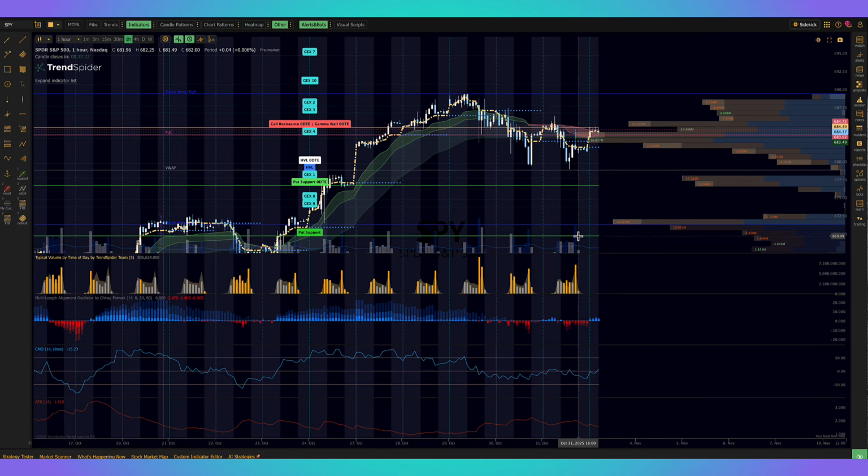And the deeper put wall is 670. We still have literally no inventory in the gap down here at 673, all the way to the put wall at 677. So that's something to pay attention to.